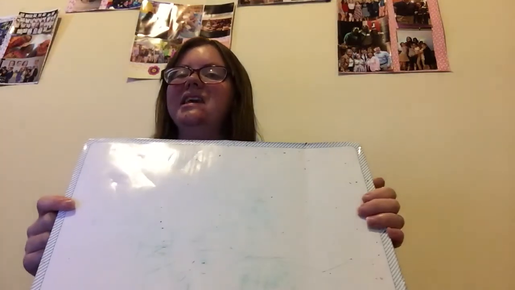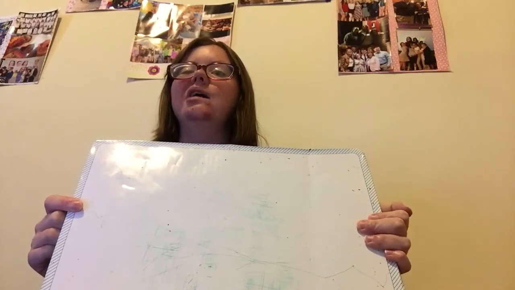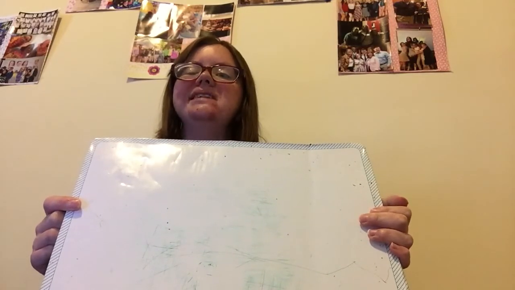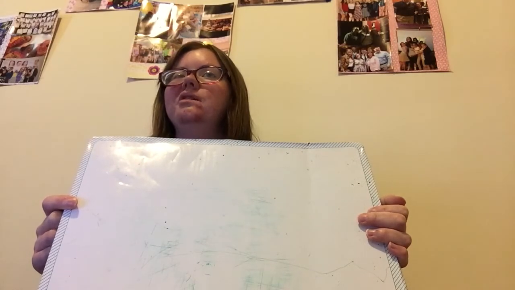Consonant, vowel, consonant. For this activity today, you're going to want to grab a blank piece of paper and a pencil. Now I've grabbed my whiteboard and my marker so that it's nice and big for you to see. So I'm going to give you a word. Your job is to write down all the sounds that you hear in that word. So let me give you an example.